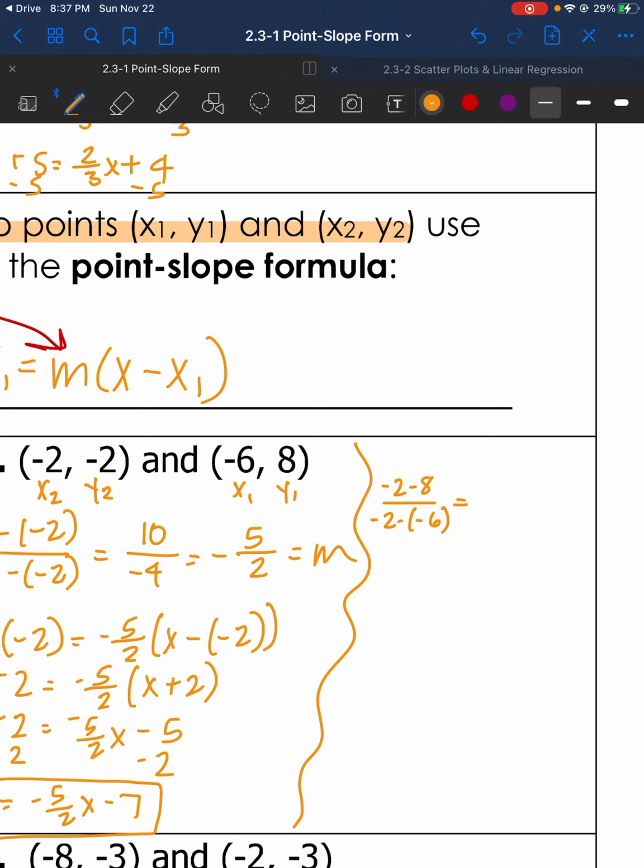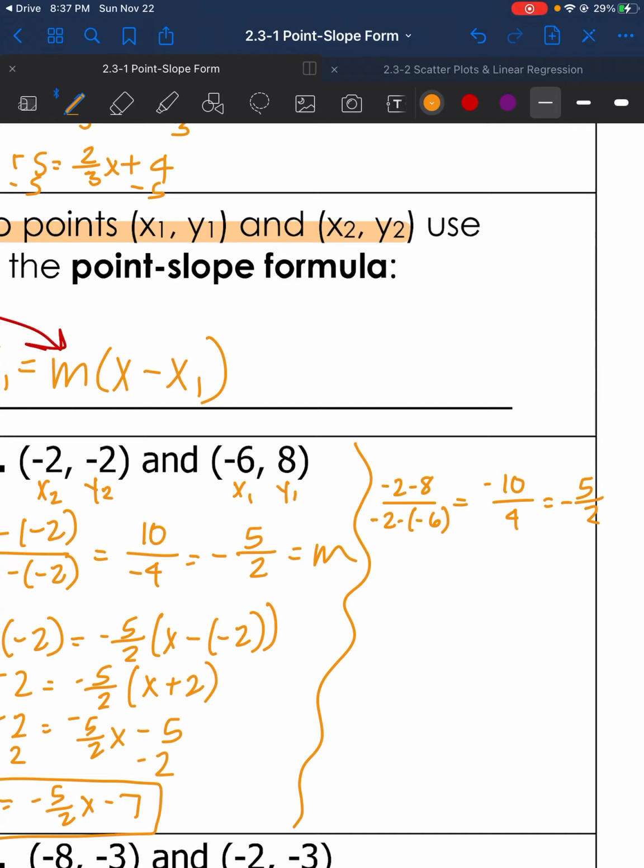Here we go. Negative 2 minus 8 is going to be negative 10. And then negative 2 minus negative 6 is negative 2 plus 6, which is positive 4. Again, we can just put the negative out front. 10 over 4, if we divide each by 2, we get 5 halves. So we can already see that our m is the same, even though we switched which point was going to be 1 and which point was going to be 2.